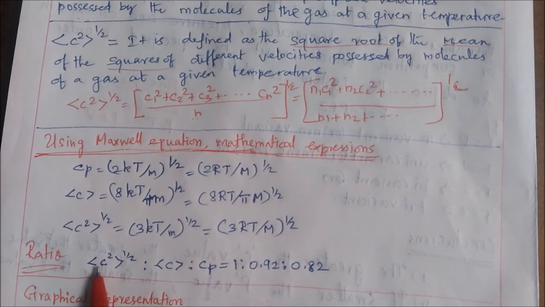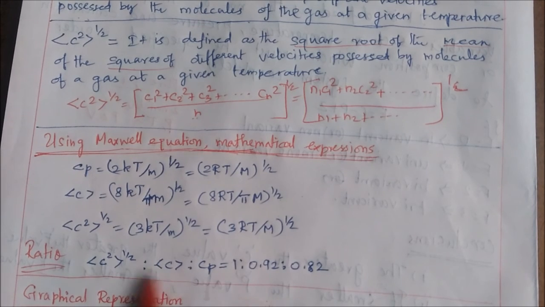If RMS is 1, then average is 0.92 and most probable velocity is 0.82. That is, 1 is to 0.92 is to 0.82. This is the ratio for all these different speeds.